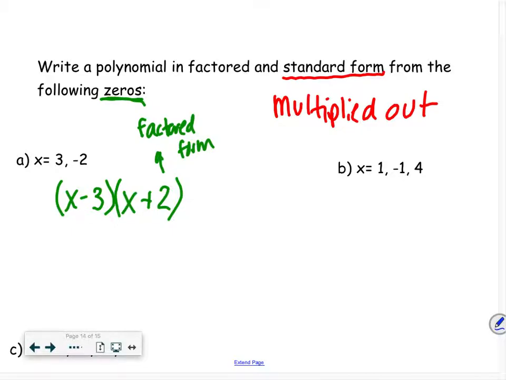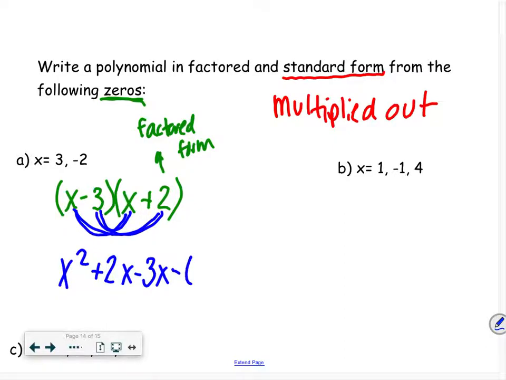To get standard form, we're just going to FOIL. x times x gives me x squared. x times 2 is plus 2x, -3 times x is minus 3x, -3 times 2 is minus 6.